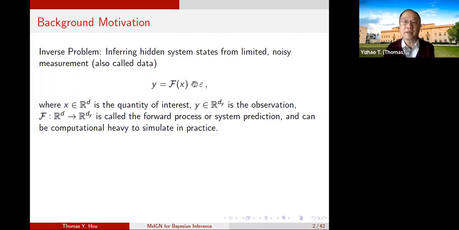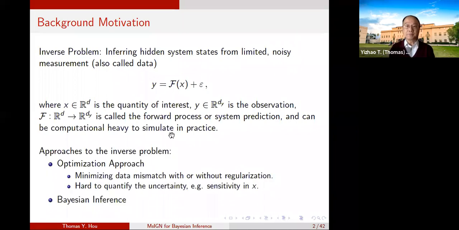So Y is some measurement that we have by solving a forward problem, often with noise. So that's the measurement we have. We would like to solve the inverse problem to characterize what kind of X will match the measurement Y, right? So that is the problem that we often encounter.